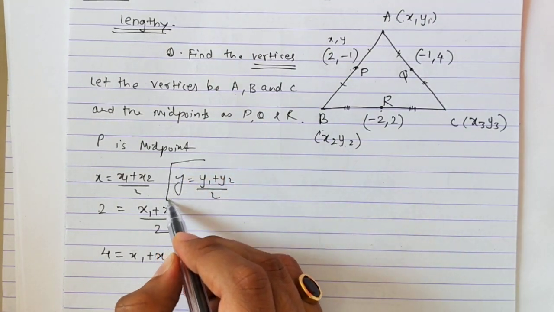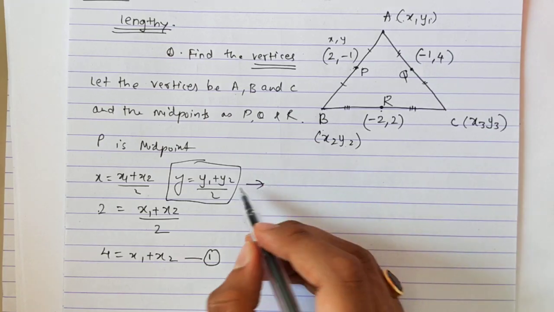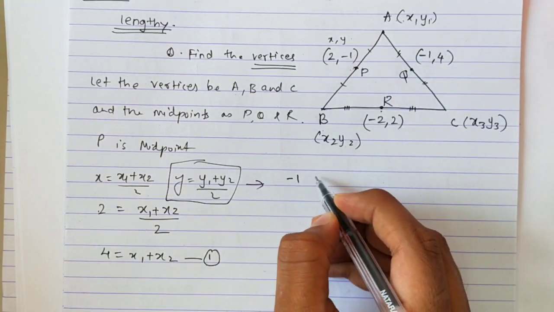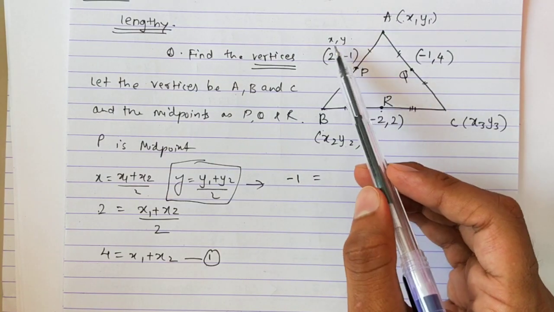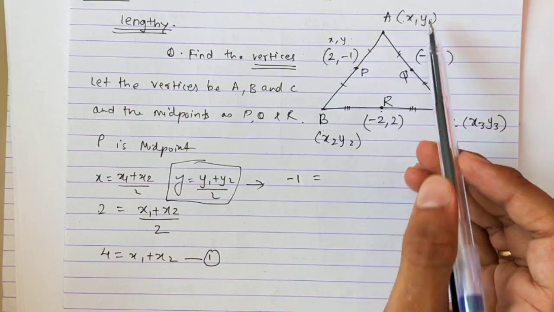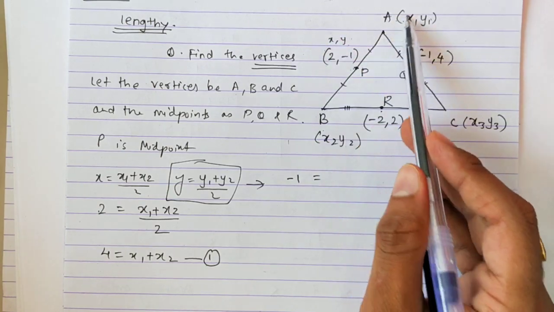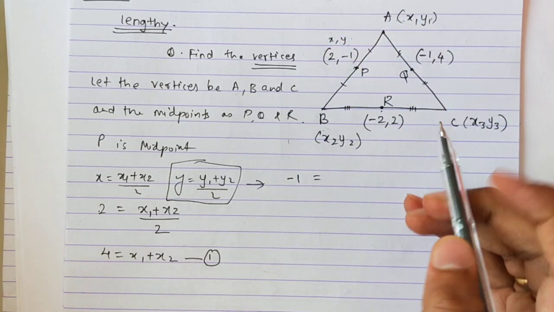Now let's solve for y. The value of y is -1. I hope you are able to get it. See, these are (x, y), this is (x1, y1), (x2, y2). So always the formula is y is equal to (y1 + y2) upon 2.